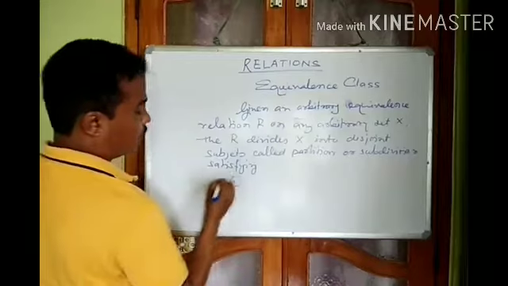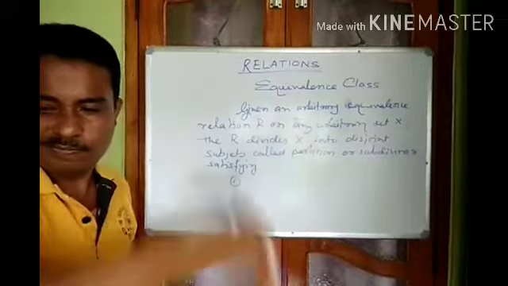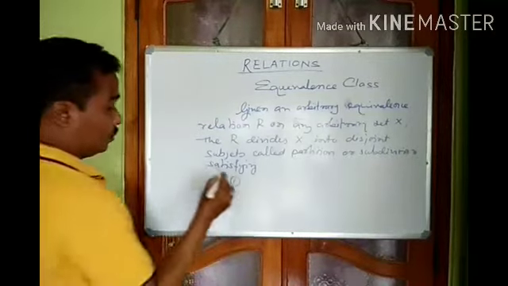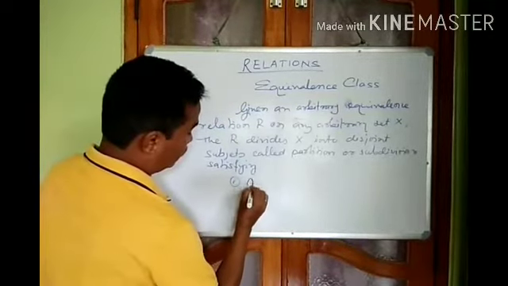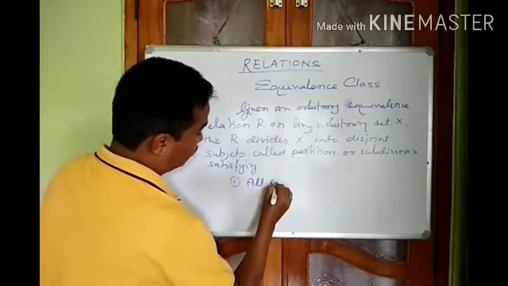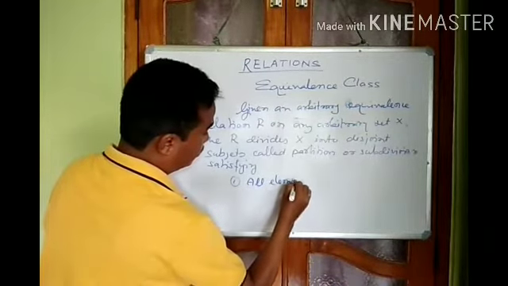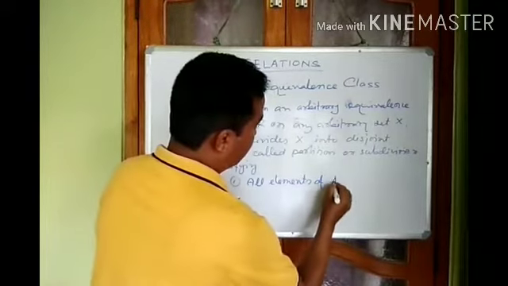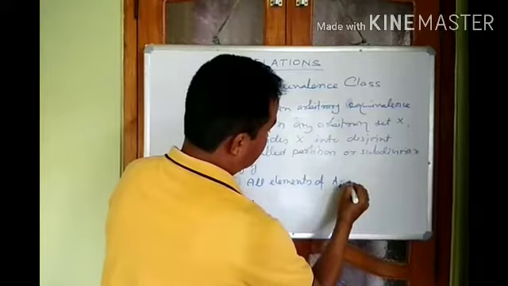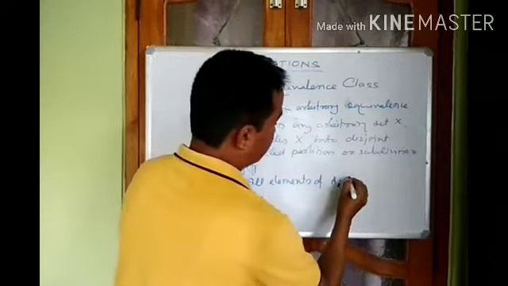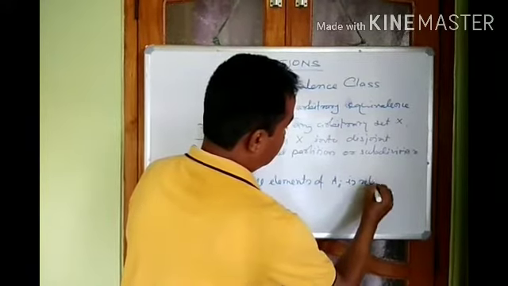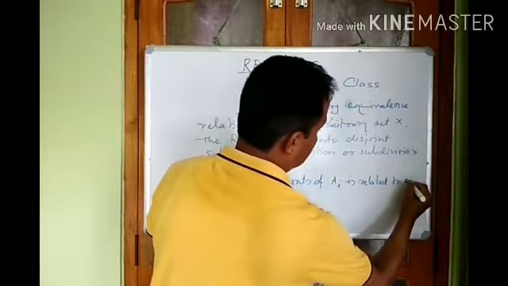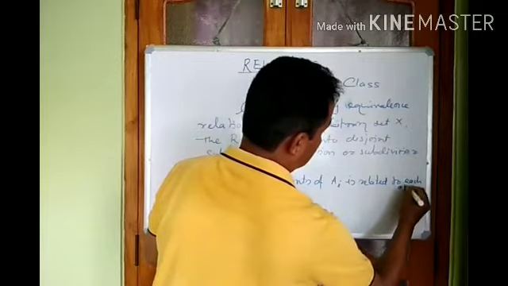number 1, all elements of Ai are related to each other.